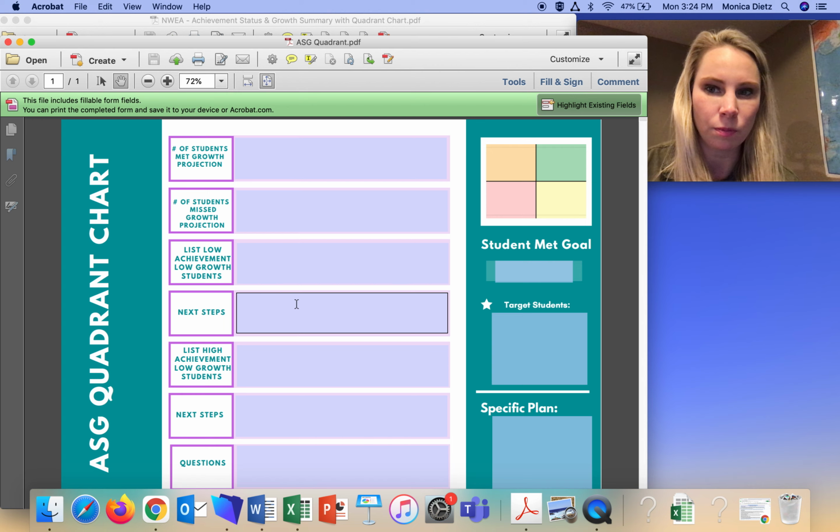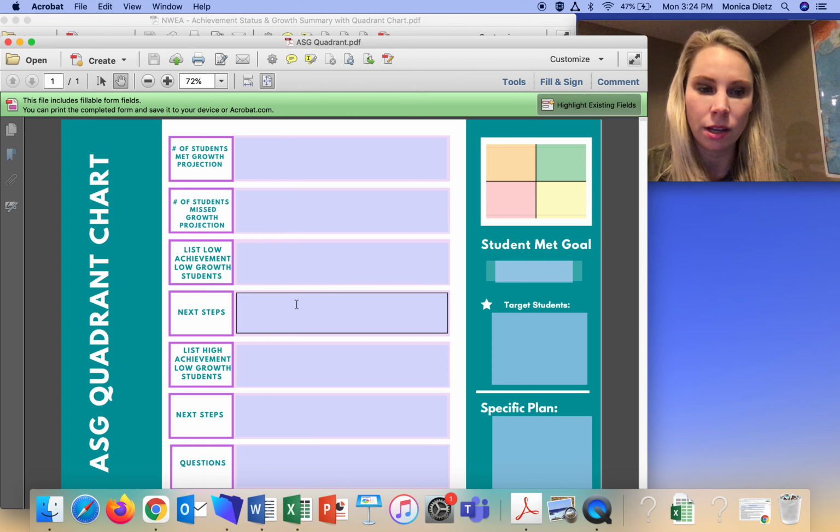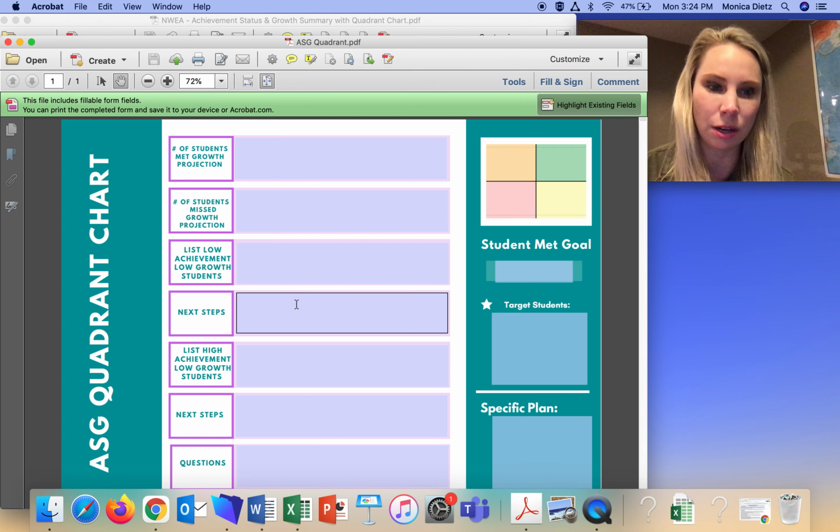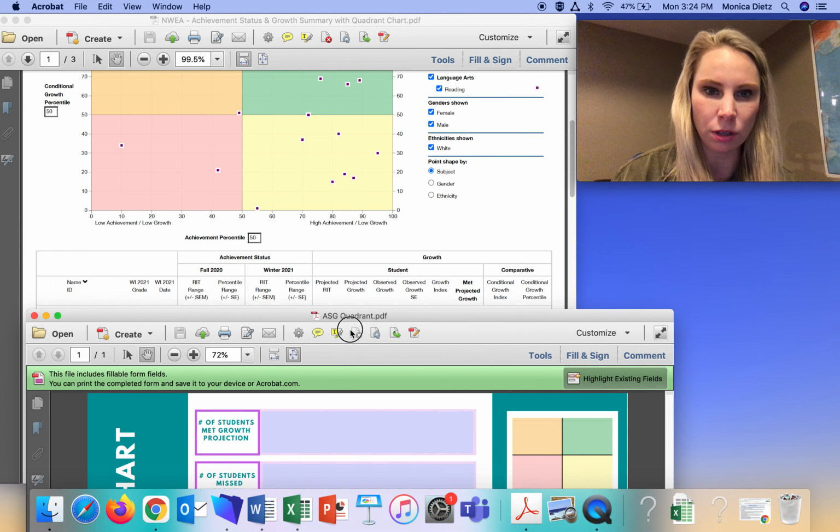It could be looking into their student profile and seeing what areas they need to focus on. A lot of times the kids in our pink box are already getting support, so you want to collaborate with the person that's giving them support and see how we can have them grow, because those are the kids that really need to grow. Then we're going to look at the high achievement, low growth students, okay?